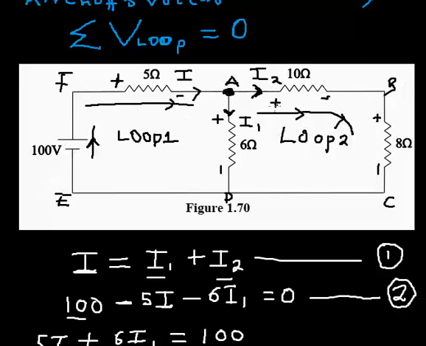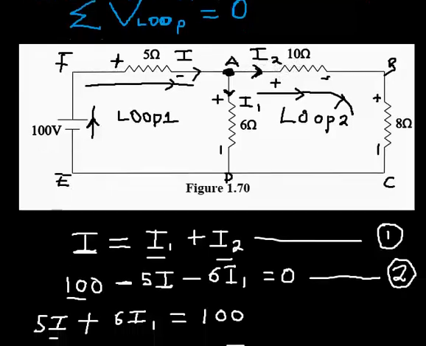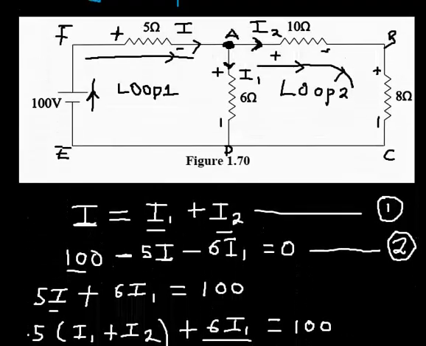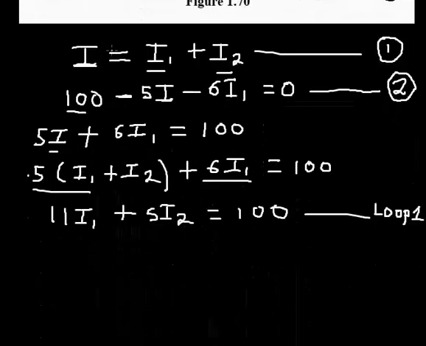If I go that way, the very first resistor I encounter is the 10 ohm resistor with current I2 passing through it. That is from positive to negative, so it's going to be minus.